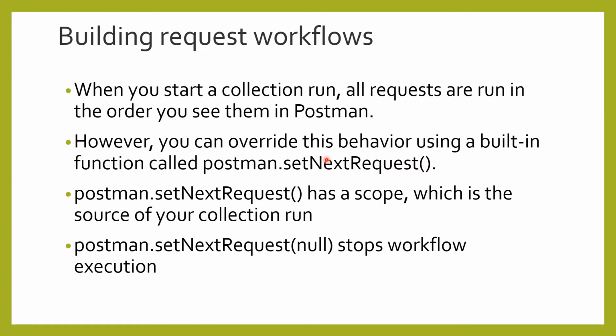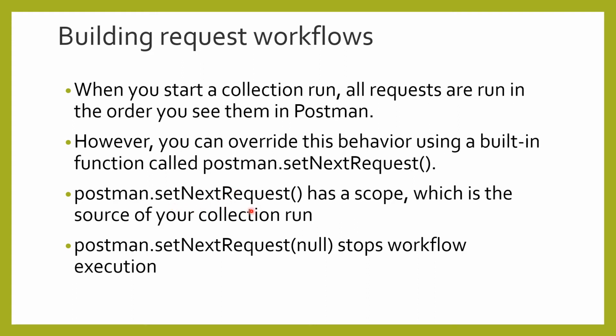You can add some kind of conditions over there. Let's say if we receive a 200 response, then run the next request as maybe the success flow. If you get a 500 response, then maybe you want to run some other test request. Accordingly, you can decide the flow of your API requests.